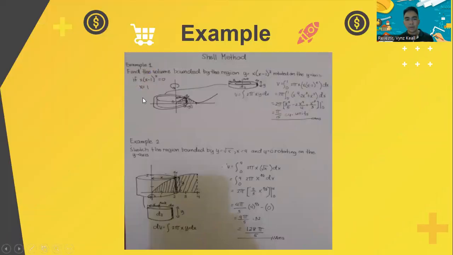For the example, find the volume bounded by the region y equals x times (x minus 1) squared rotated about the y-axis. If x times (x minus 1) squared is equal to 0, then x equals 1. So this is the graph. I'm sorry if it is not the same.